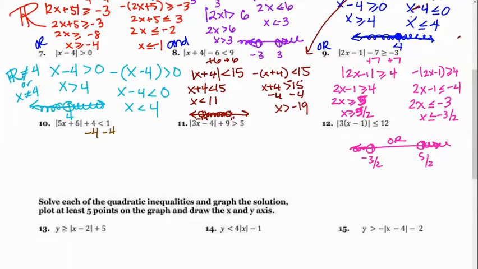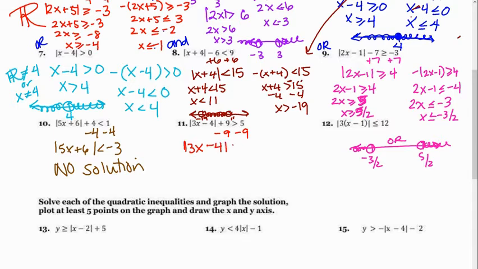Isolate first. Hopefully right here you notice there is no way whatsoever that I can get any number less than -3. This one's a no solution right away. Isolate and I get -4.